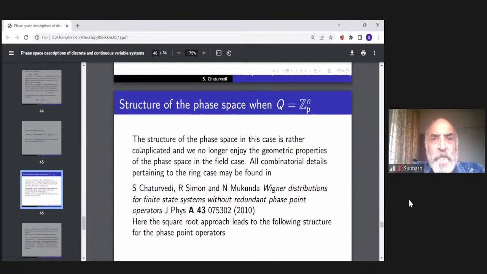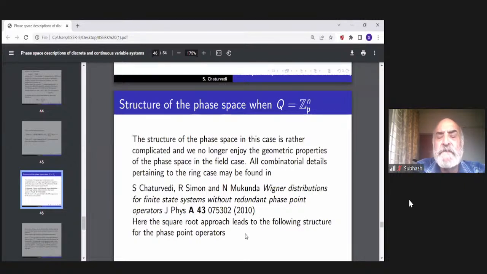The formula for the number of isotropic lines, given a phase point, the number of lines passing through that point, then intersections and the orbits under the Clifford group in this context, are quite complex and are summarized in this paper in J. Phys. A. Those of you who are interested can read this.